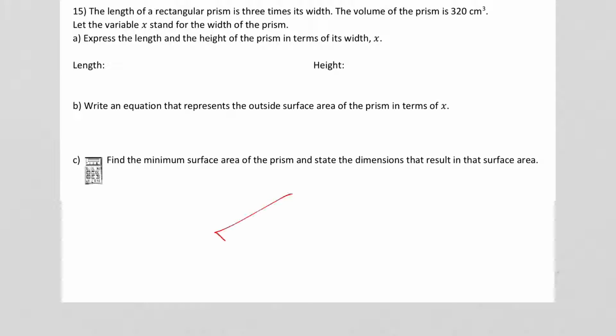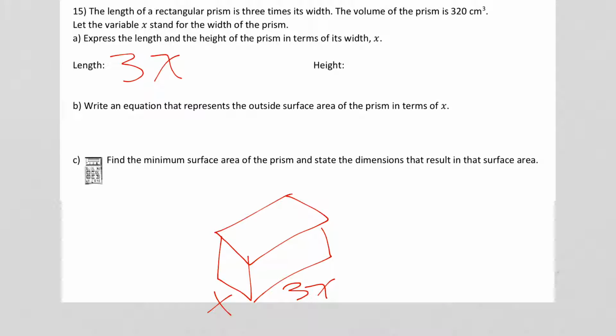So let's draw a prism real quick, like that. We're saying the length is 3 times the width. Let's call the width x, and the length 3 times the width, 3x. What do we know? We don't know the height, but we know the volume is 320 centimeters cubed. How do you find the volume of a rectangular prism?